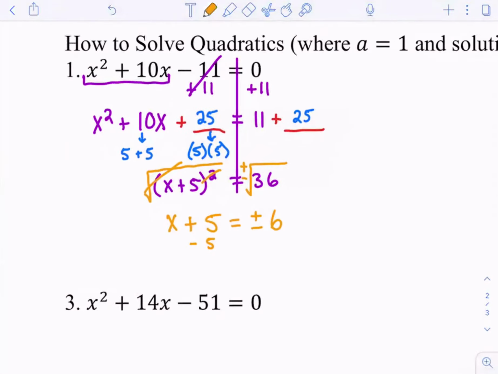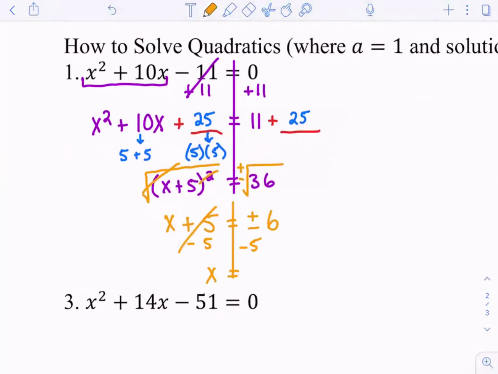So here, I'm going to keep solving this. If I want to subtract 5, that means I get x equals. Now, you could write it either way. You could say it's a positive or negative 6 minus 5, but more commonly, do we write the negative 5 first, plus or minus 6?